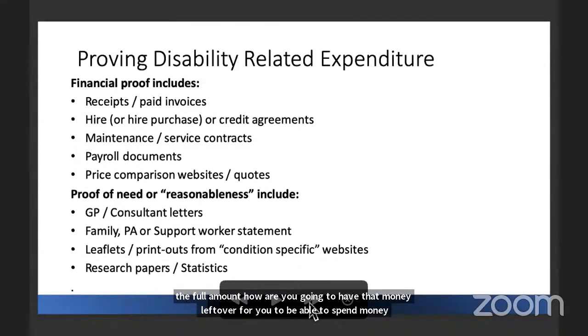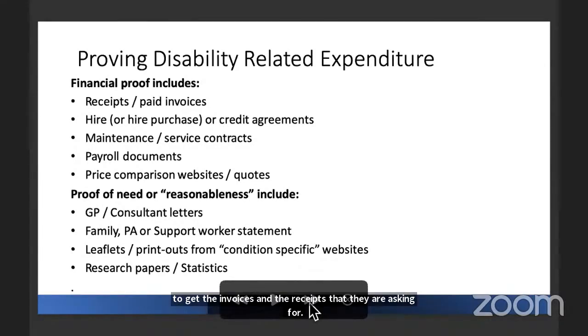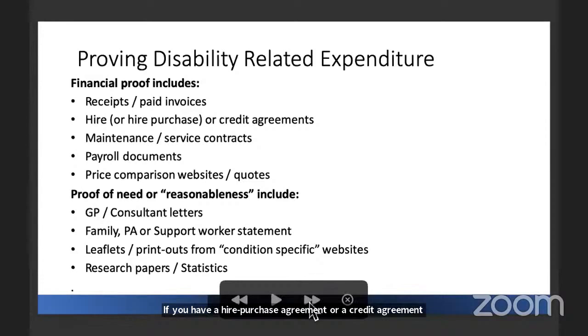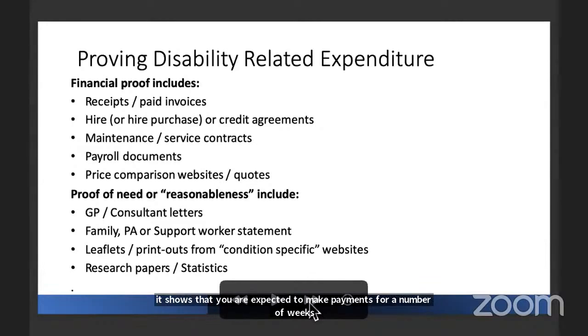If you have a hire purchase agreement or a credit agreement, it shows that you're expected to make payments for a number of weeks or months into the future. So that can be used to prove that you're going to be making those costs.